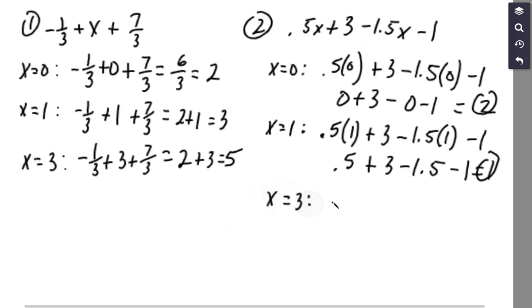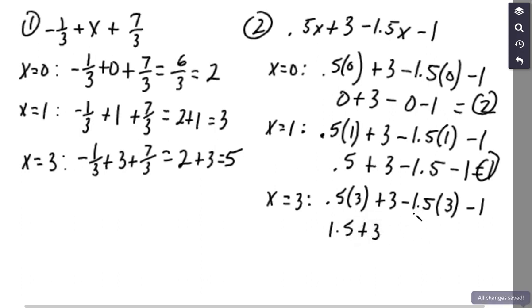I'm going to evaluate that, so that's 0.5 times 3 plus 3 minus 1.5 times 3 minus 1. So 0.5 is like half, so 0.5 times 3 is 1.5 plus 3, and then negative 1.5 times 3.